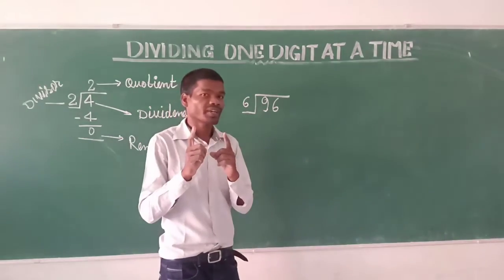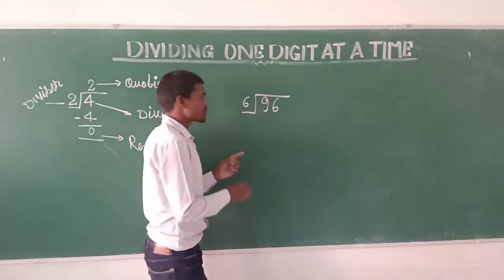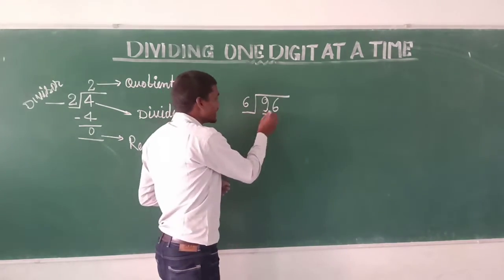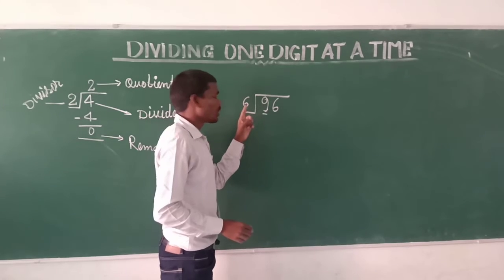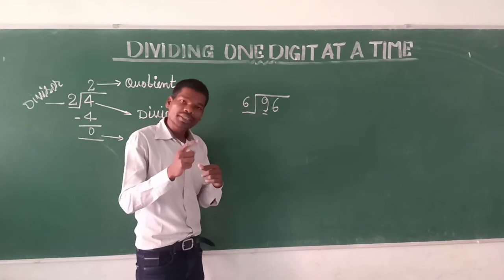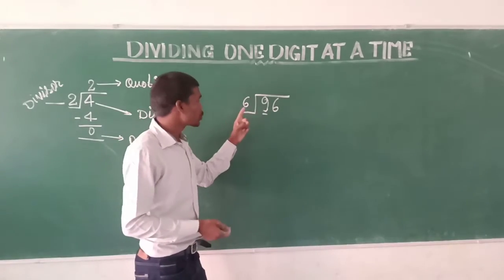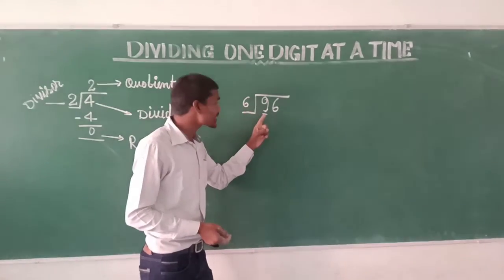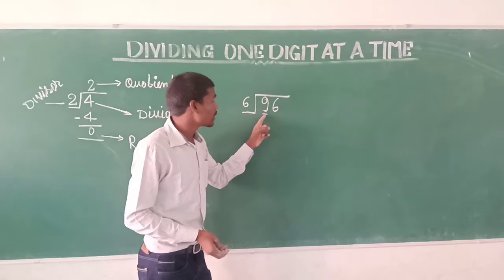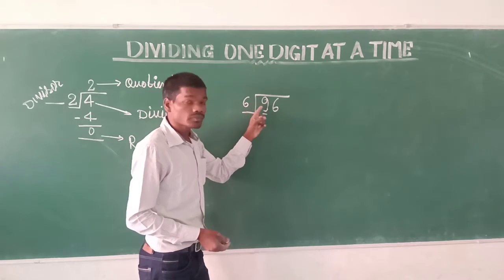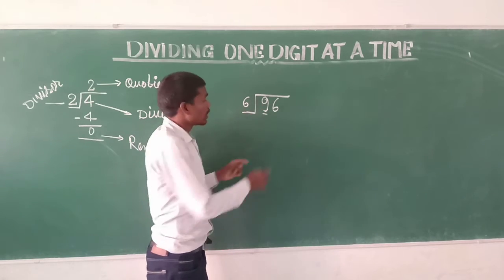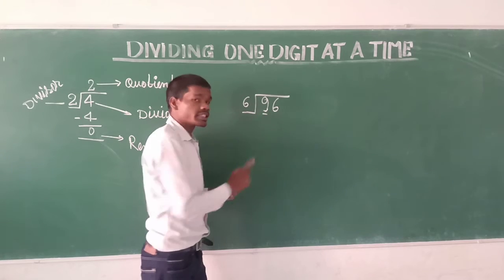Now, very important thing. You have to check whether this digit is divisible. One thing we have to remember, that this divisor has to be smaller than this dividend. This is ones and this is tens place.